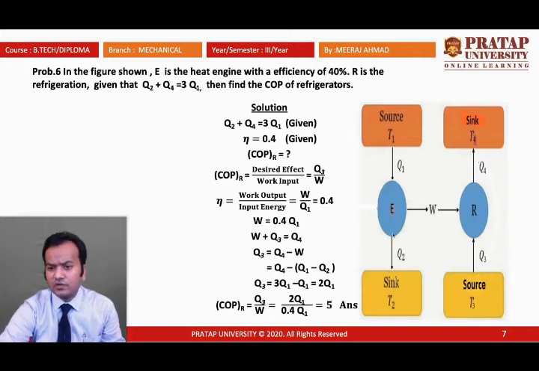and this W can be written in the form of the heat engine as Q1 minus Q2. Write the value of W as Q1 minus Q2, and for Q4, put the value of Q4 from the equation which is given in the question, Q4 equal to 3 times (Q1 minus Q2).